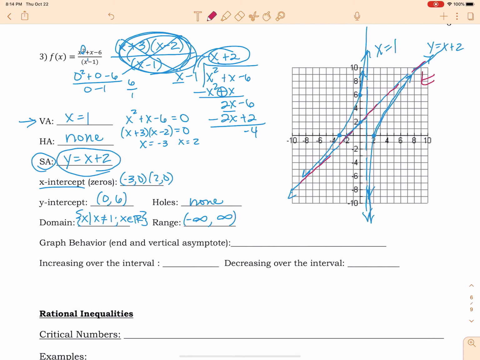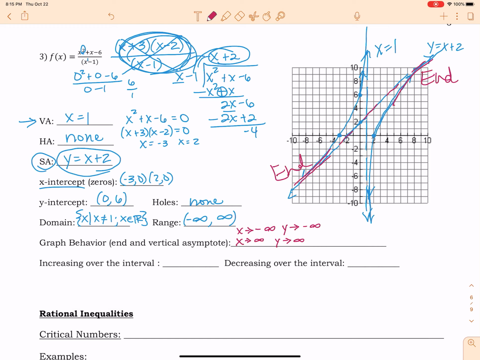So this is where the end behavior is, right there and right there. All right, so as x approaches negative infinity, y is going to approach negative infinity. And up here, as x approaches positive infinity, y is approaching positive infinity as well.